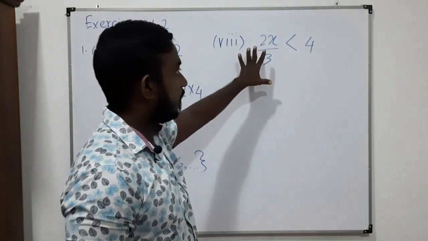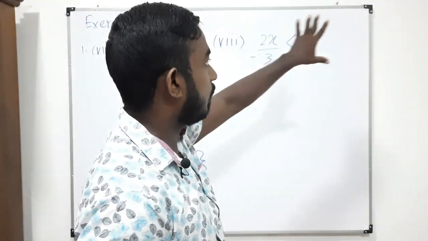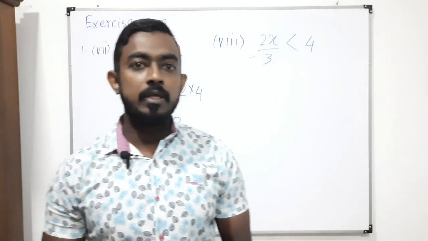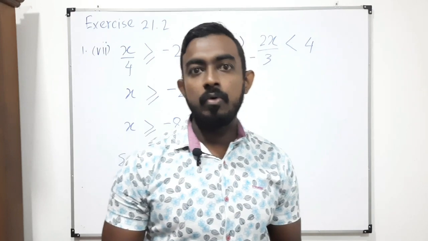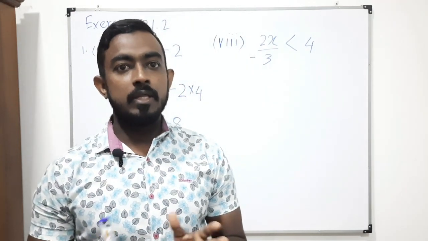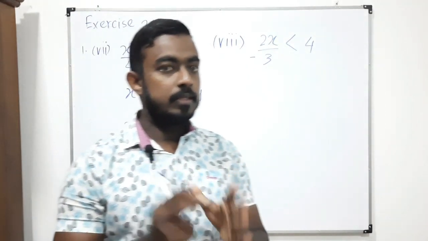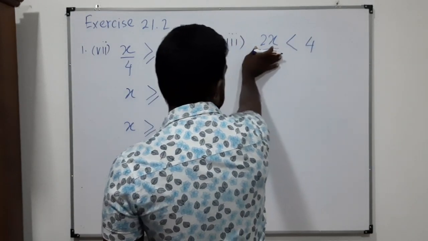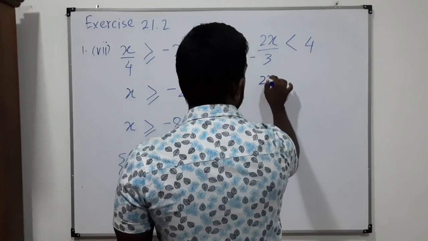But you know that when we multiply an inequality by a negative value, or divide an inequality by a negative value, the inequality mark changes. Therefore, I can write that by closing minus 3, 2x.